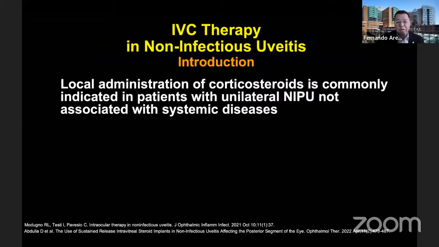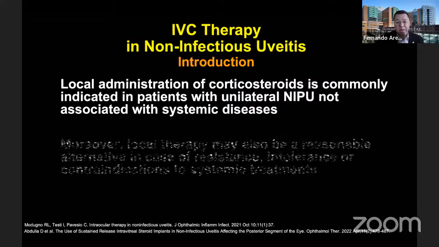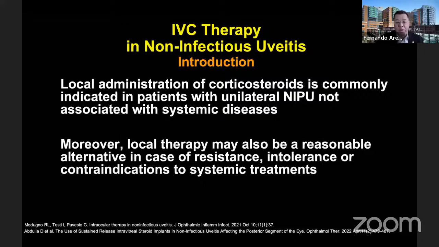Local administration of corticosteroids is commonly indicated in patients with unilateral non-infectious posterior uveitis, not associated with systemic diseases. However, local therapy may also be a reasonable alternative in some specific cases of resistance, intolerance, or contraindications to systemic therapy.